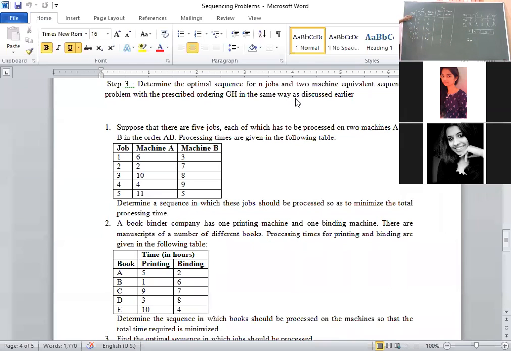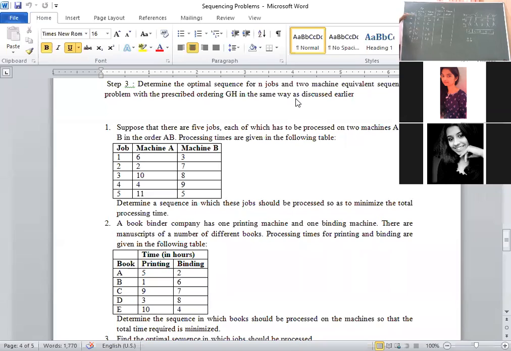This is important. To perform job 2 on machine A, it took how many hours? 2 hours. After completion on machine A, then only this job will go to machine B. That means for these 2 hours, machine B is idle, because machine B doesn't have any job.